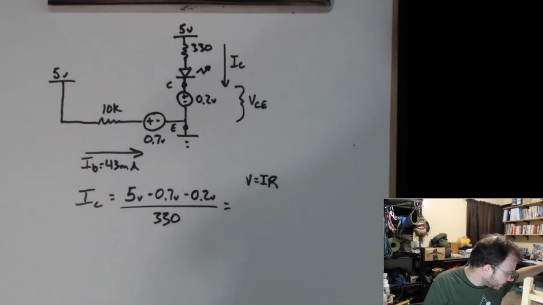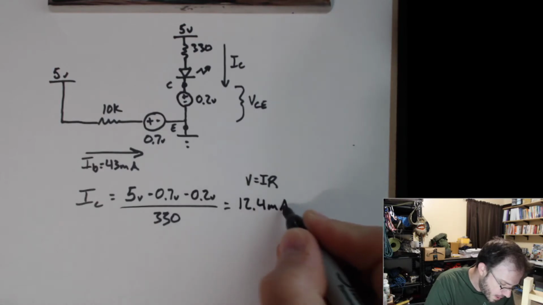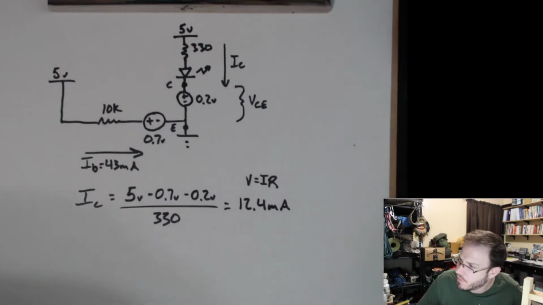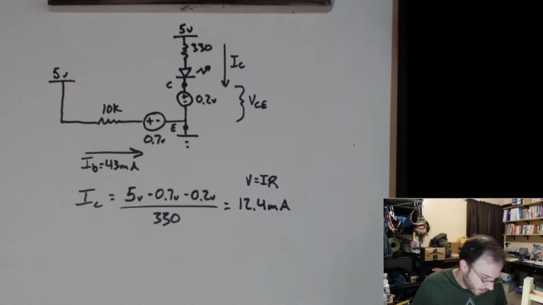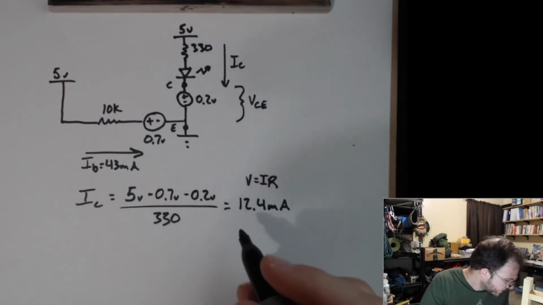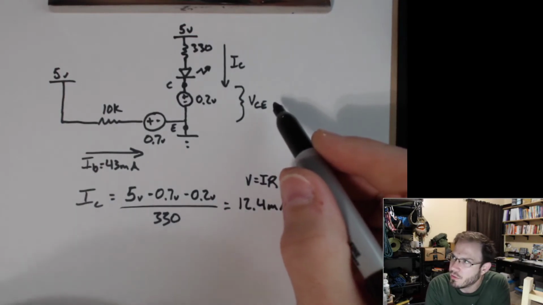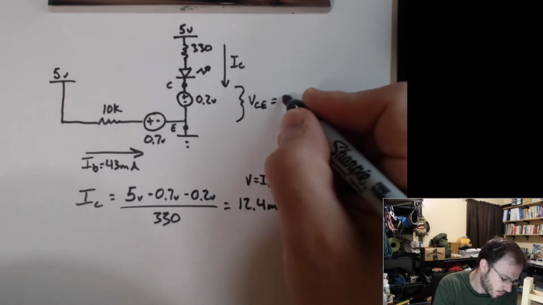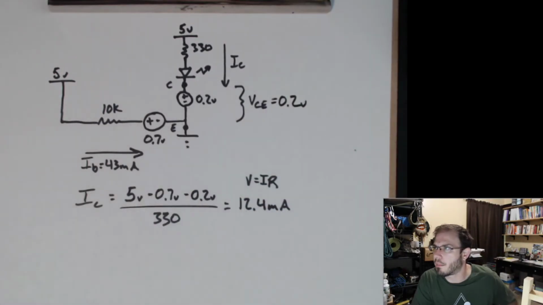So what does that end up being? 12.4 milliamps. And that's a reasonable amount of current for an LED to be driven. Now, what's VCE equal to? Just to finish this off, it's equal to 0.2 volts, by definition, because we have a 0.2 volt drop between the collector and emitter.